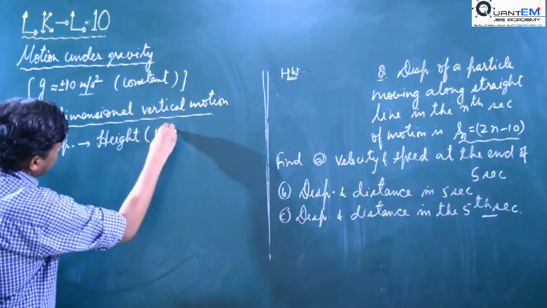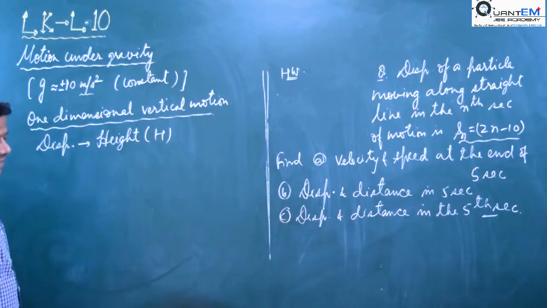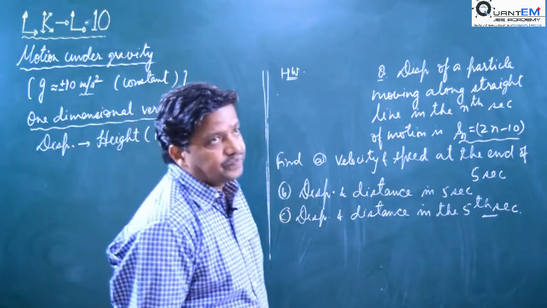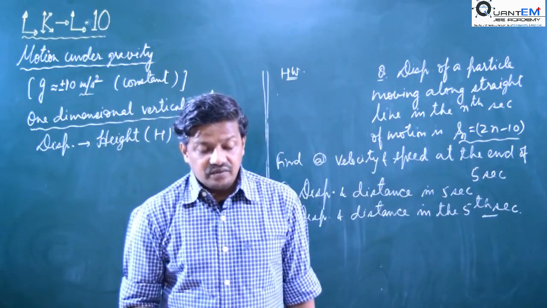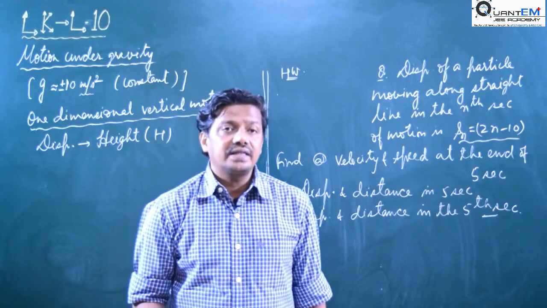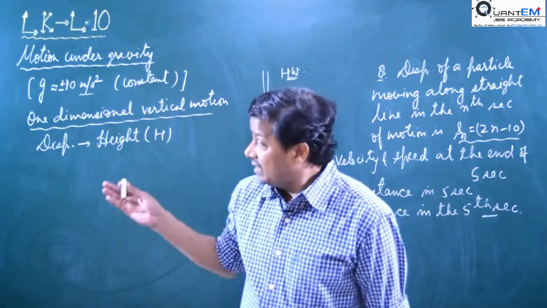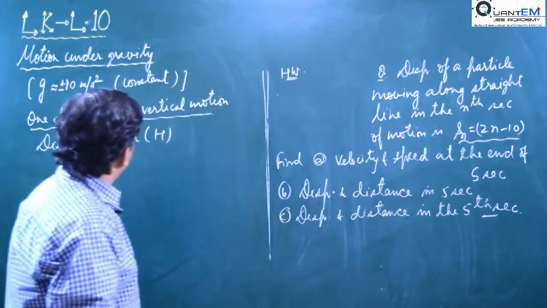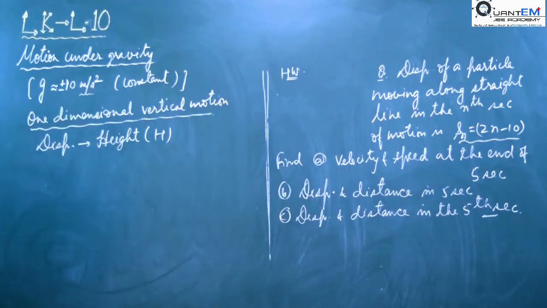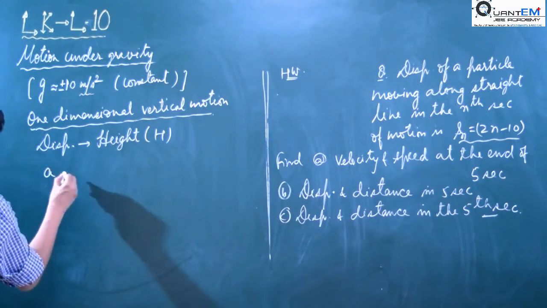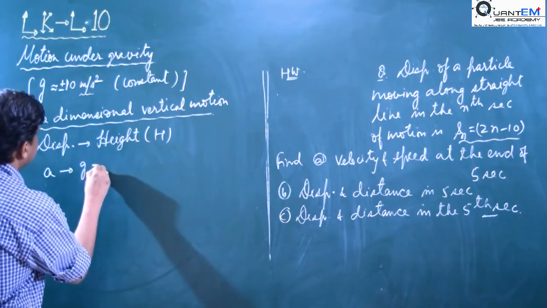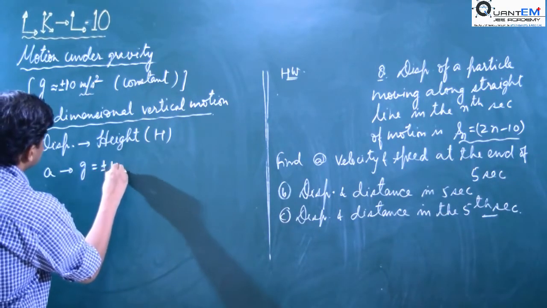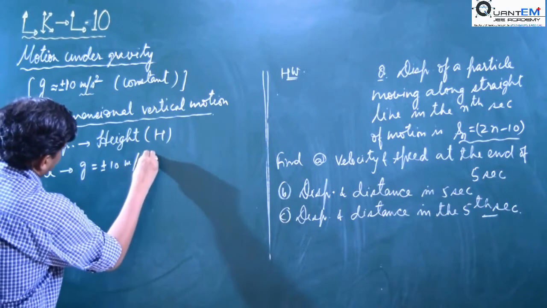Height is denoted by H. And the others have the usual signs like initial velocity U and final velocity V. In place of displacement we have height in the nth second of motion. And in place of a we have acceleration due to gravity, that is plus or minus 10 meter per second square.